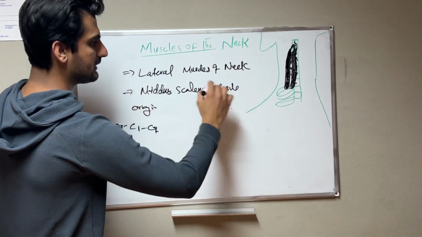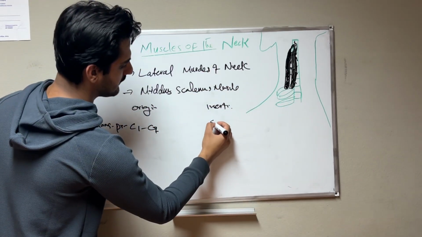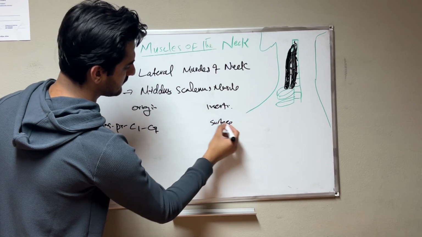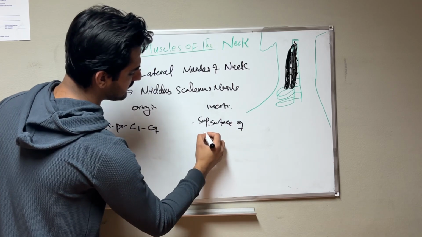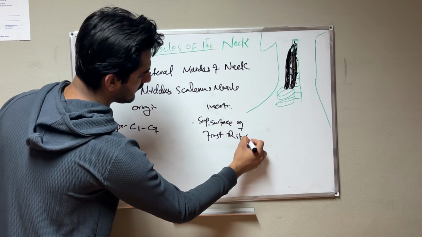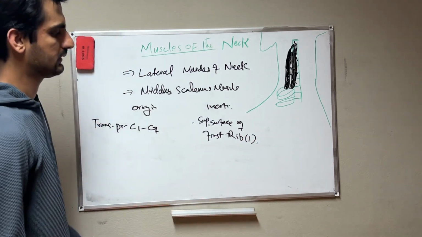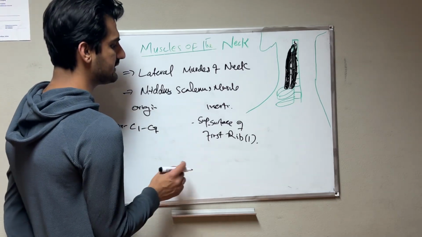It is inserted on the same surface, the superior surface of the first rib, behind the anterior tubercle.